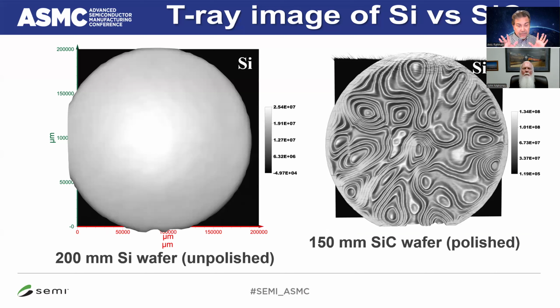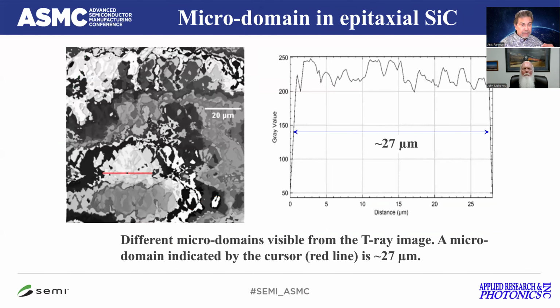As you can see, compared to silicon under identical conditions of imaging, silicon carbide does have something in it different than silicon. And here is another, a much closer, high resolution image, which shows that in the epi layer, they have grain formation, which we have to do more work on.